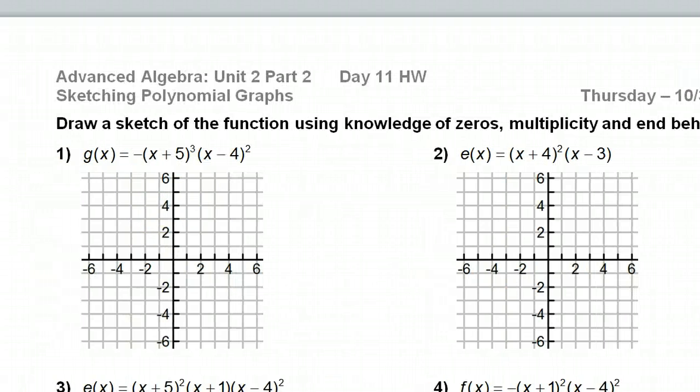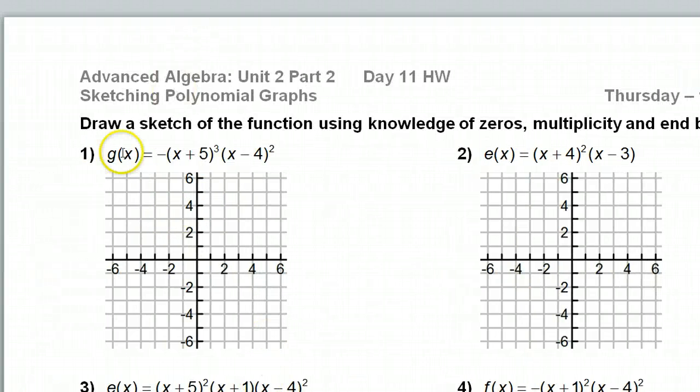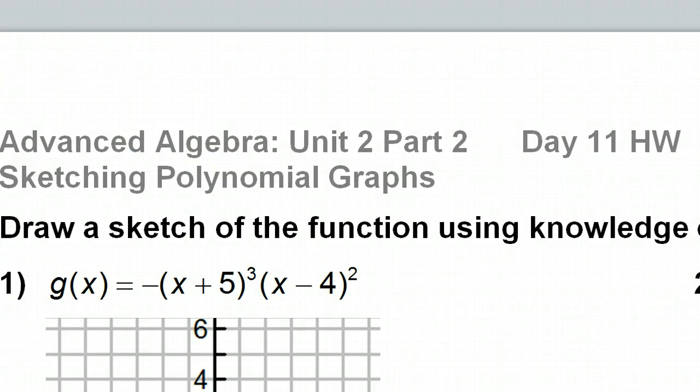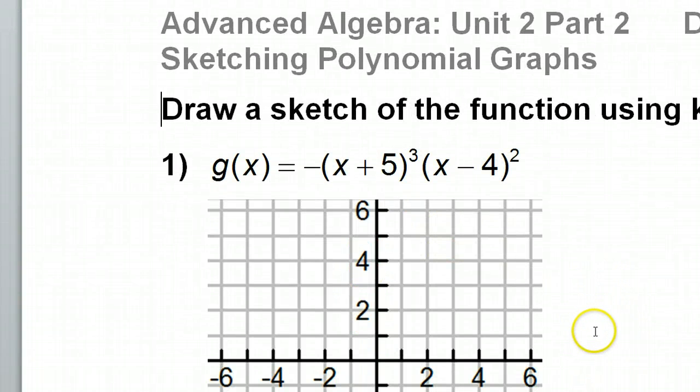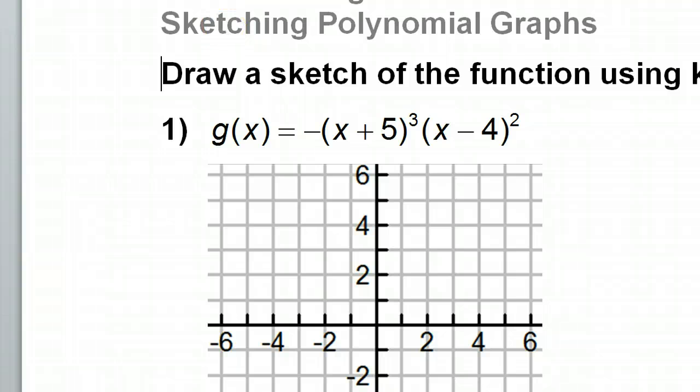All right, also end behavior we have to talk about. So when you look at a problem like number 1, we have to put all of these things together. End behavior, degree, does it bounce? Is it an inflection? So here's what I mean about a degree and end behavior. This is a degree 5.